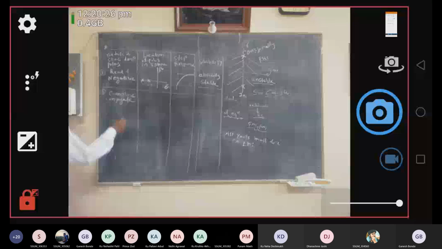So where is the location of such poles? Here is j omega, sigma in the S plane. Here we are considering a complex conjugate pole having negative real part. So this is the location. Again, these roots are located in the left hand side of the S plane.